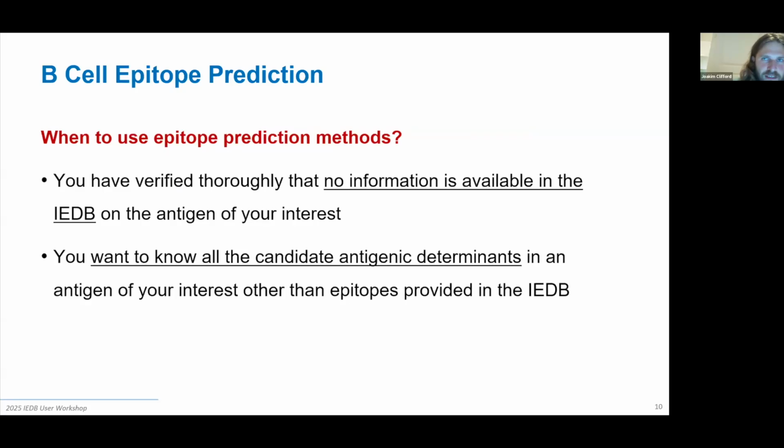Even if you can't find something for your antigen of interest, maybe you could find data for a very similar antigen, and then those epitopes can be mapped to your antigen. Another use case is if your antigen is understudied, so you might only have one epitope discovered, and you want a more comprehensive overview of other possible binding sites for antibodies. That's where these prediction tools can also be helpful.